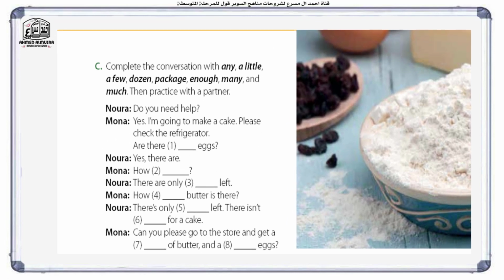Complete the conversation with any, little, a few, dozen, package, enough, many, and much. Then practice with a partner. Do you need help? Yes, I'm going to make a cake. Please check the refrigerator. Are there any eggs?